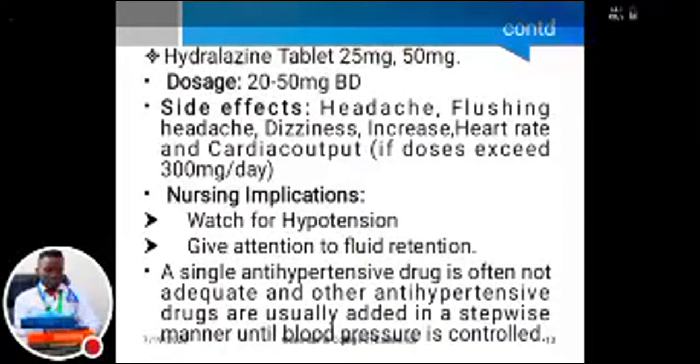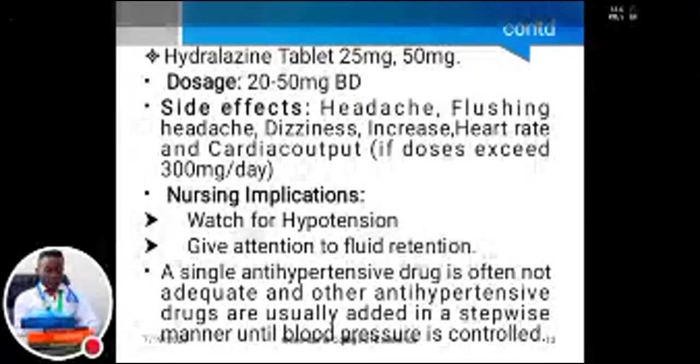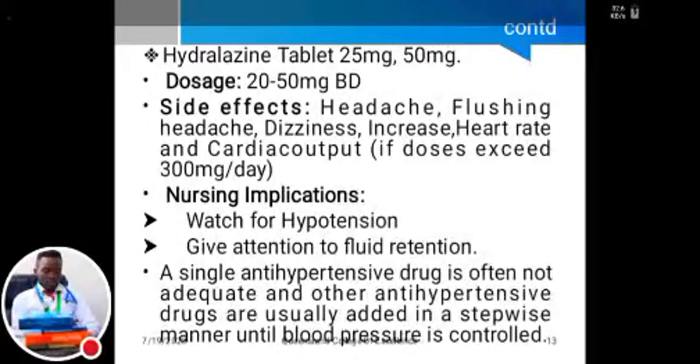The side effect for these hydralazine tablets is that they usually stimulate headache and also flushing headache. It brings about dizziness. Also an increase in the heart rate as well as the cardiac output if the doses exceed 3 grams per day. So we should not overabuse it.